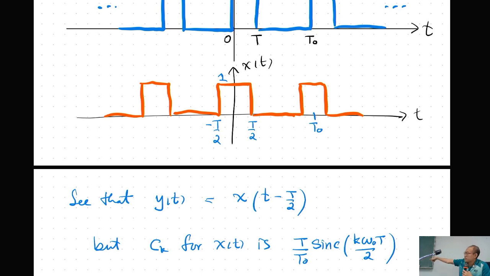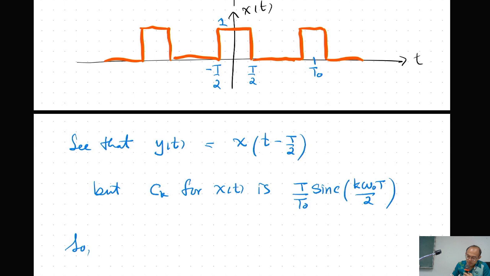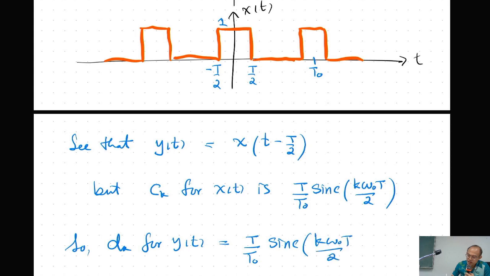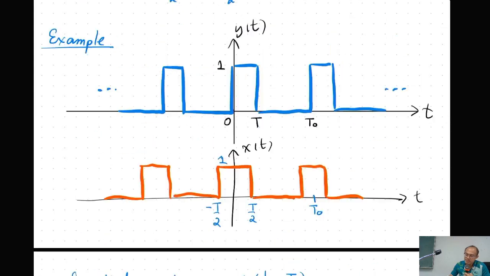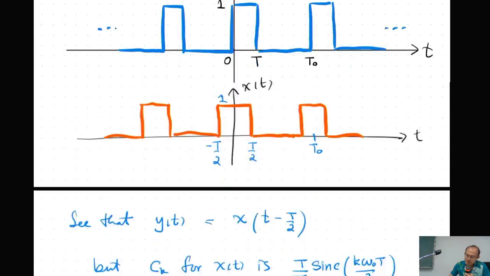This is a rectangular pulse coefficient. So dk for y would be T over t0 sinc of k omega 0 T over 2, and then e to the negative jk omega 0 T over 2.